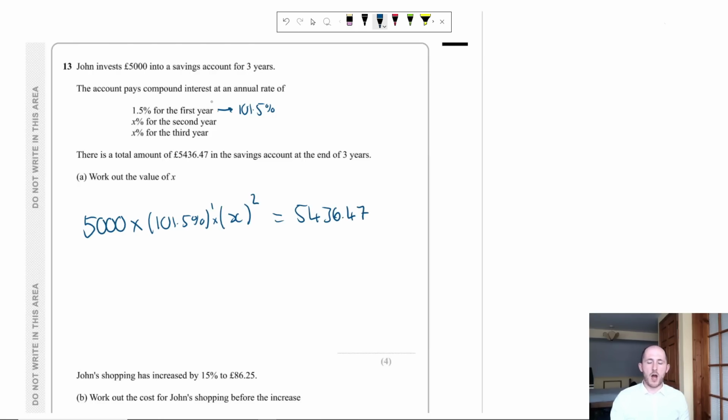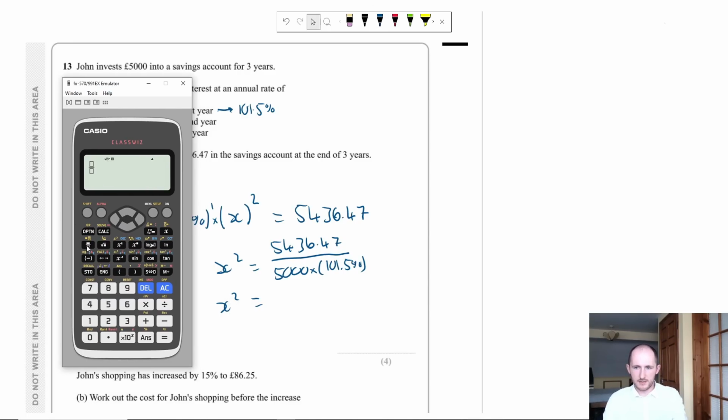So what I'm going to do is divide both sides by 5,000 and then by 101.5%. All we need to do is actually do this division: 5436.47 over 5,000 times 101.5.